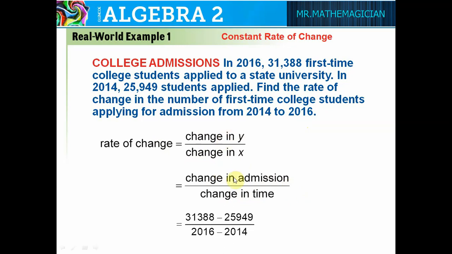So the change in admission: in 2016 it was 31,388 and in 2014 it was 25,949. So we write here 31,388 minus 25,949 over 2016 minus 2014.